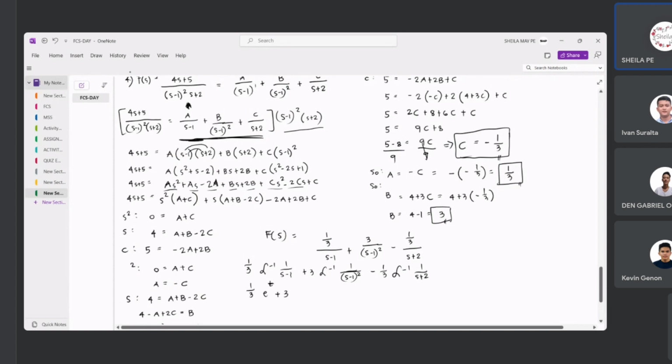Plus 3, same as the example earlier, we have e raised to the power of t, but it is squared here, so that's t. Then u of t, I just put it at the last, same as in the answers. And we have negative 1/3 e raised to the power of negative 2t u of t.